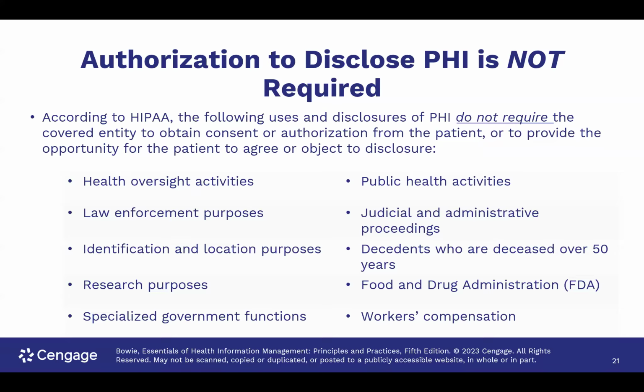Also, law enforcement, also okay. Research, specialized government functions, public health, judicial and administrative hearings, decedents who have been dead over 50 years, the FDA, and of course, workman's comp. If you think about it, most of this makes sense.